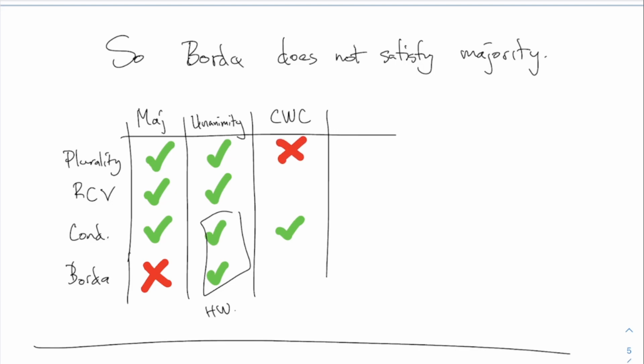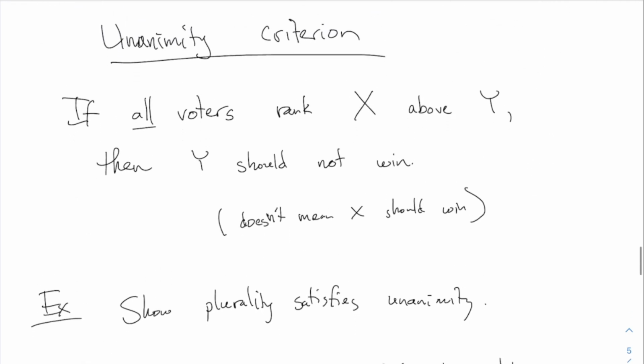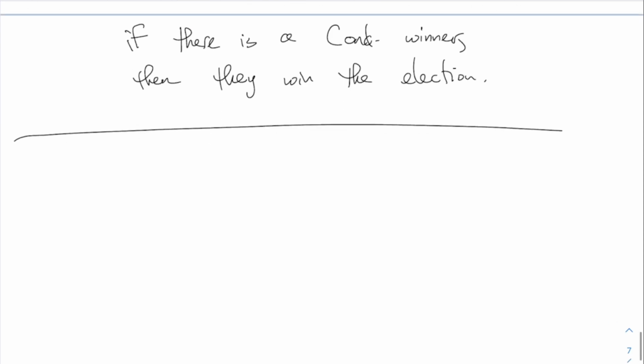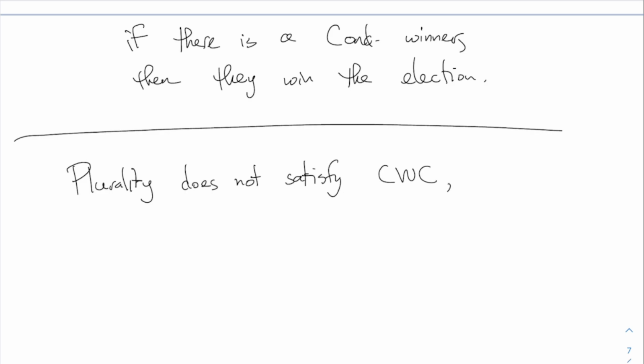I'm going to try and write in words why that X is there. What I just X'd was plurality does not satisfy the Condorcet winner criterion. That's because there are examples, for instance, the Bush-Gore-Nader election.